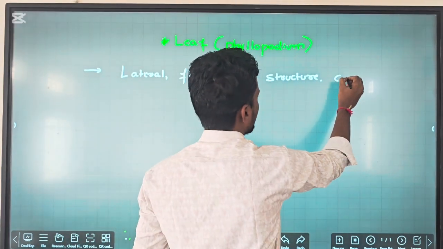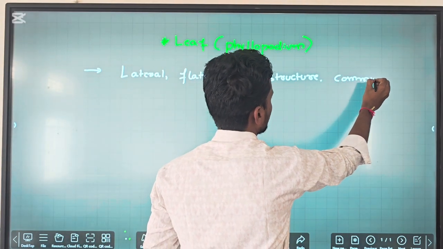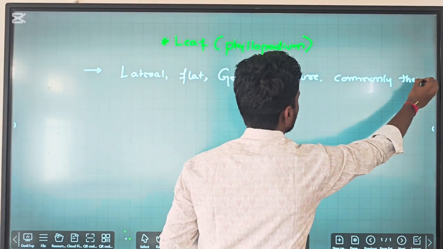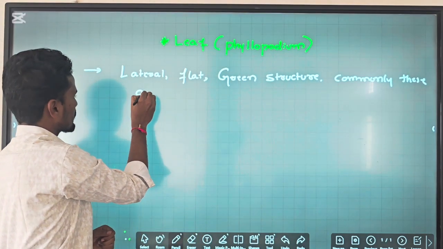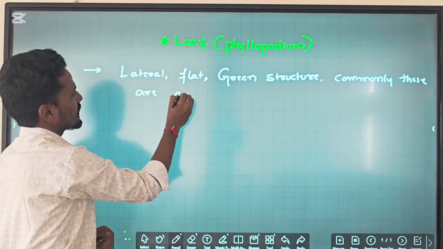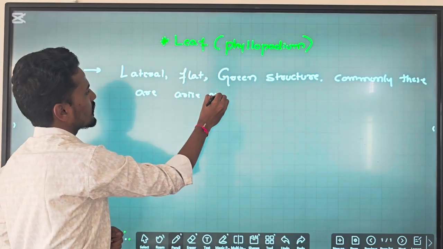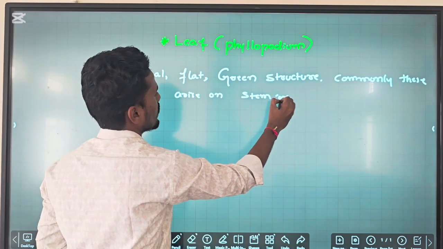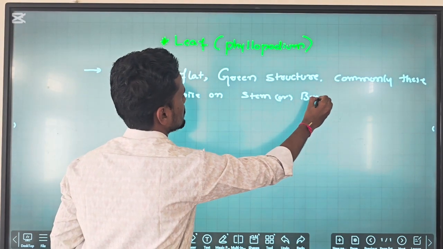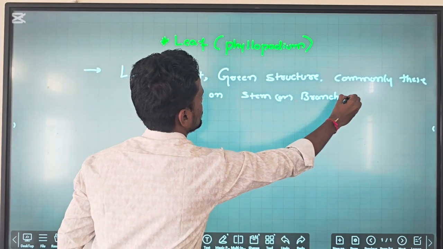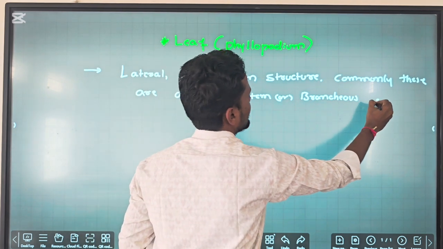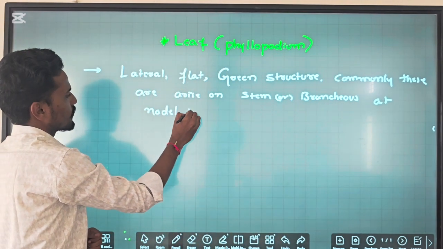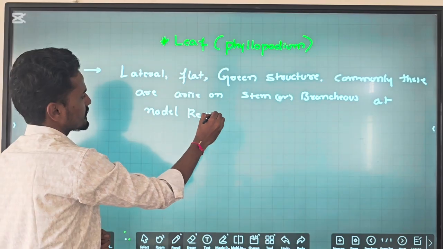Commonly, these arise on the stem or branches at the nodal region.